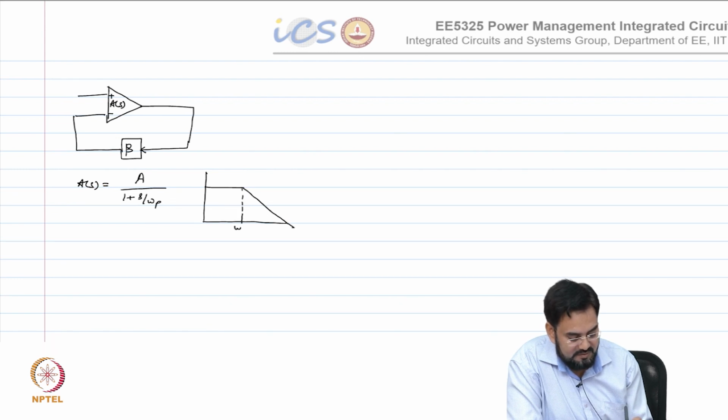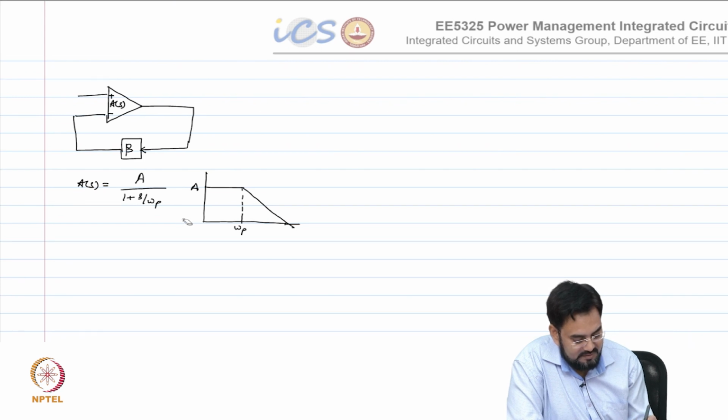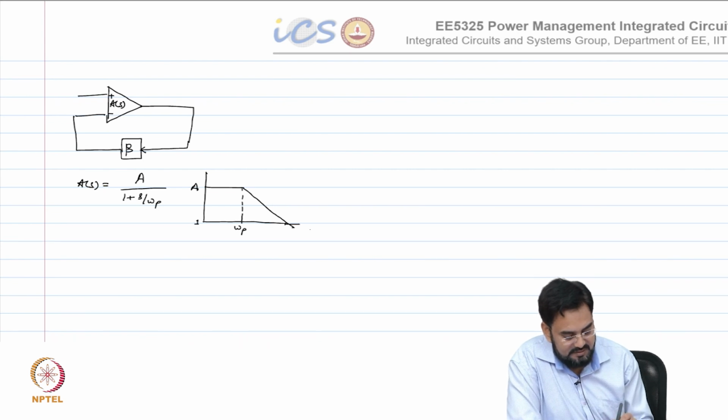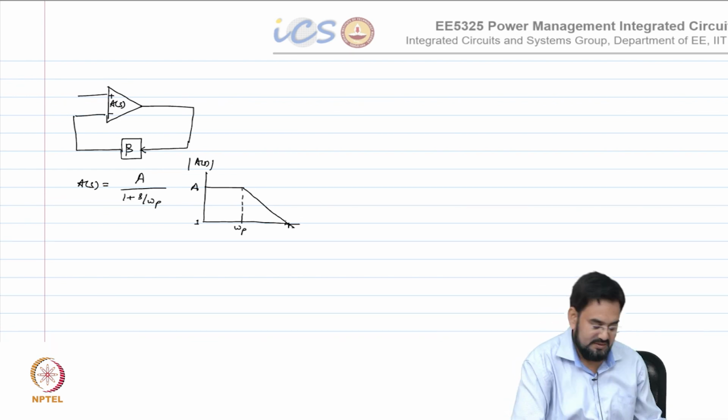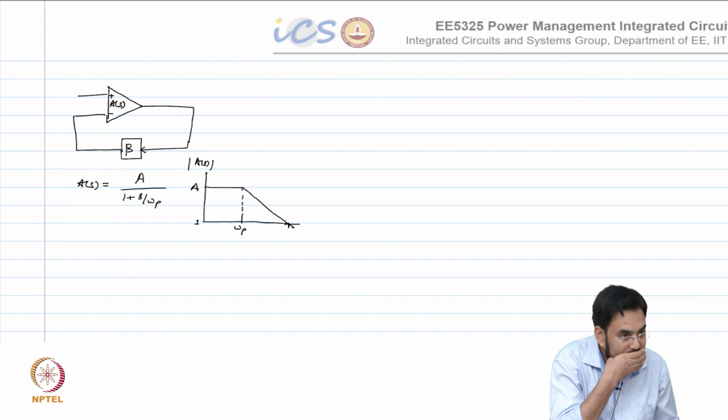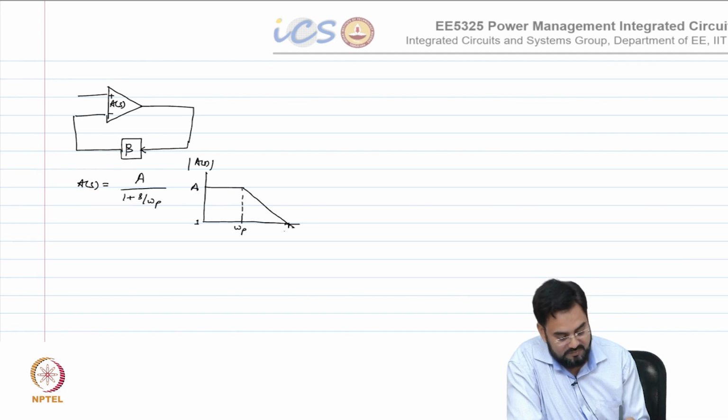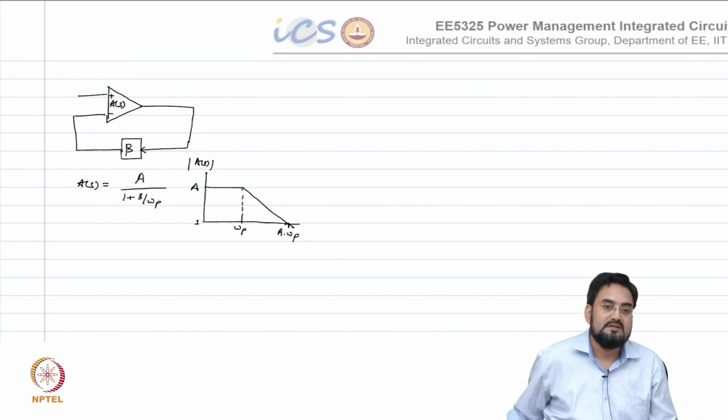So this is your omega p, this is your A, and if this gain is unity, so what is the frequency at unity gain? A into omega p, okay.